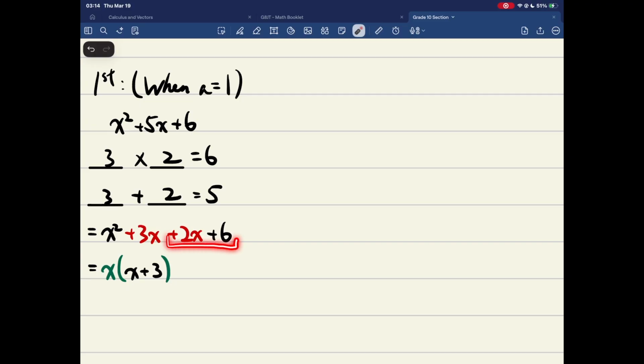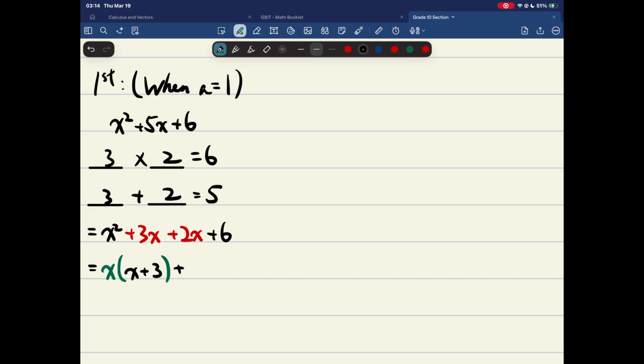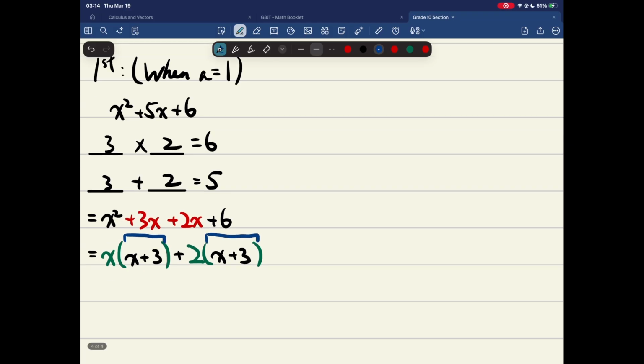And for the last two terms, you can factor 2 out, so it will be plus 2, bracket, x plus 3, close bracket. And you can see these two brackets are the same.